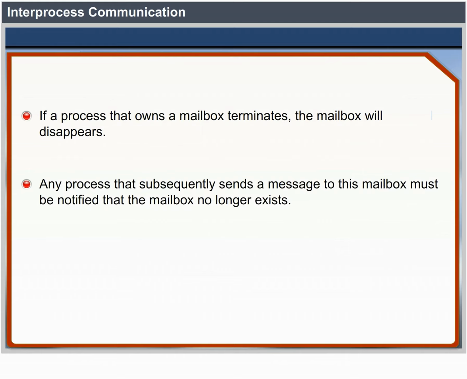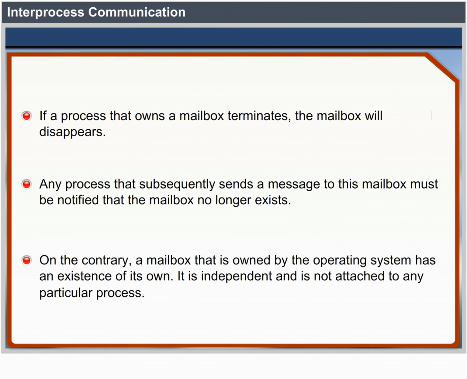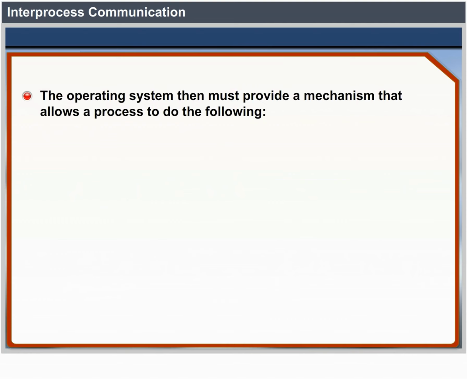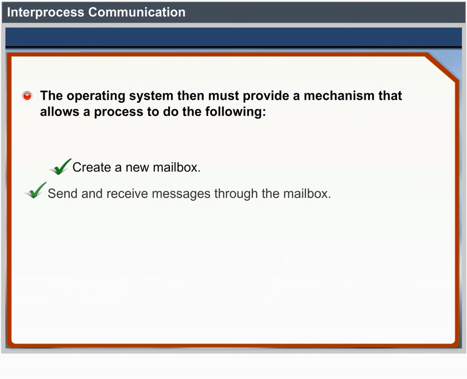In contrast, a mailbox that is owned by the operating system has an existence of its own. It is independent and is not attached to any particular process. The operating system then must provide a mechanism that allows a process to do the following: create a new mailbox, send and receive messages through the mailbox, delete a mailbox.